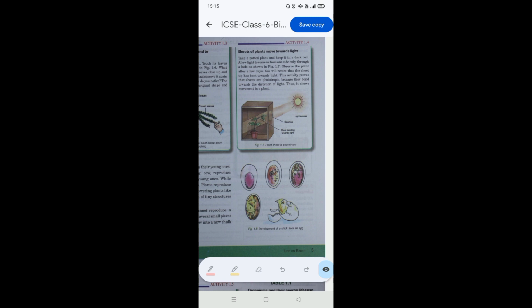This is the mid developed embryo, and this is almost done. This young chick can anytime come out from the shell. So in this last picture, the chick is coming out from the shell, right? Moving on.